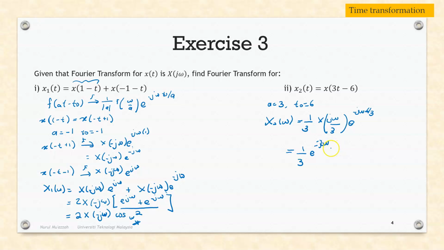Sorry for the bad handwriting. This is the answer for question 2: (1/3) X(jω/3) exponent negative j2ω.